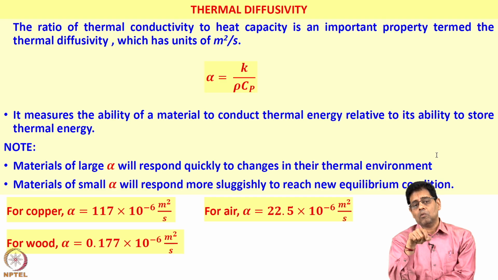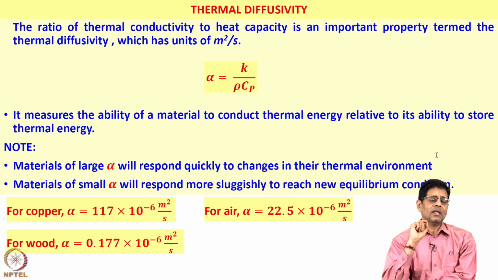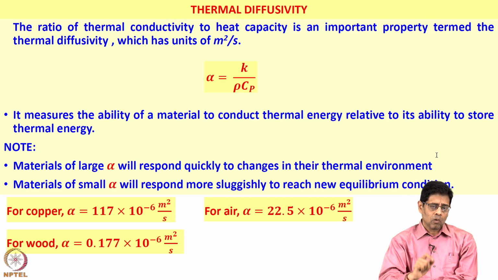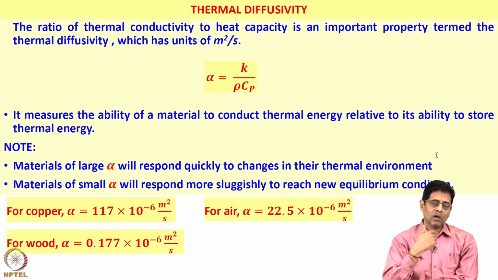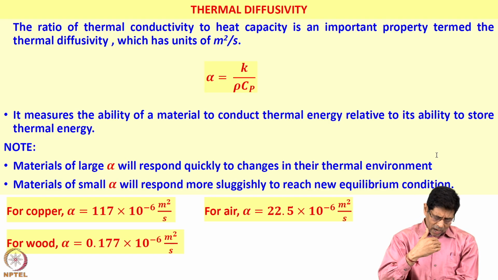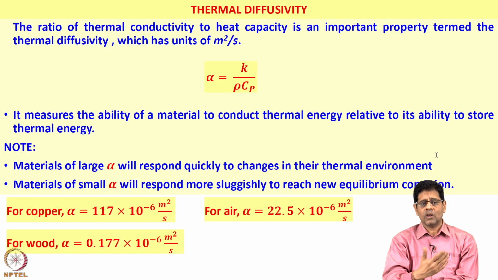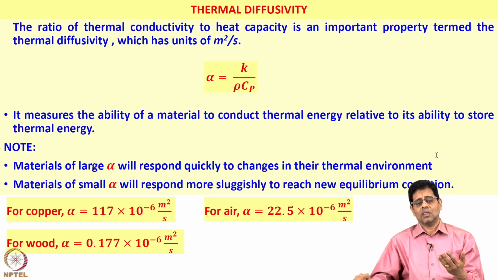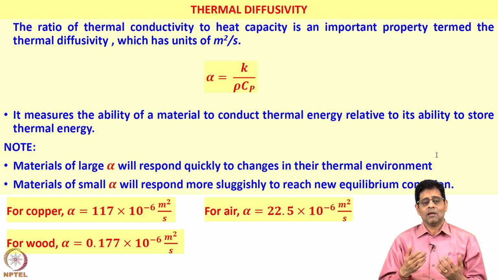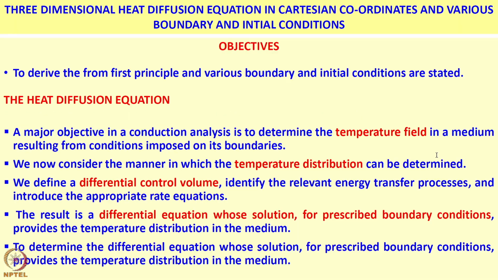Later on, when we come to convective heat transfer, this quantity alpha will play a very important role in deciding whether the fluid is going to be able to transport momentum or heat effectively, based on the ratio called the Prandtl number, which is nothing but nu over alpha. We will come to that in convective heat transfer.